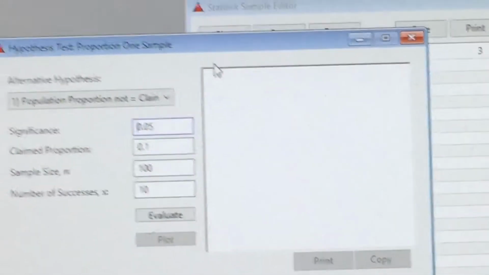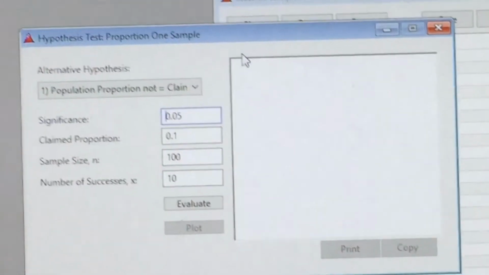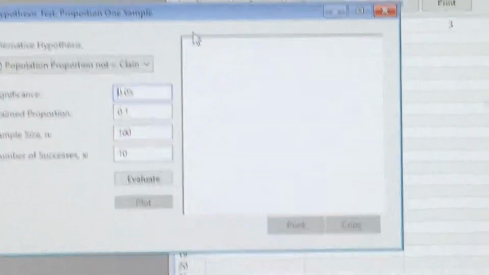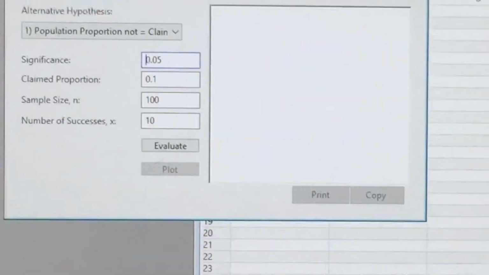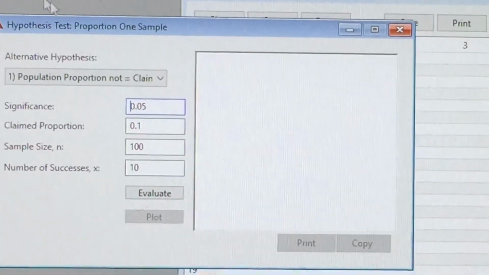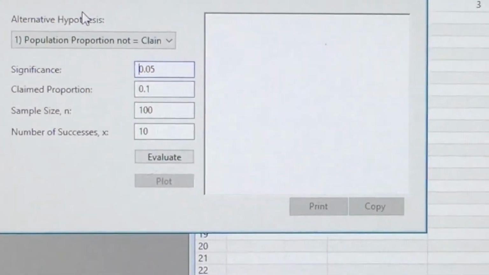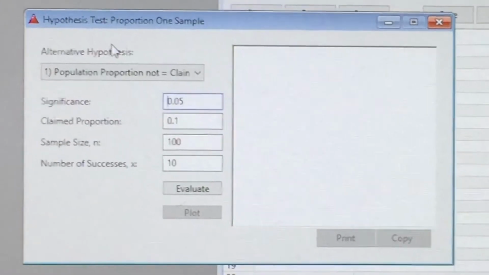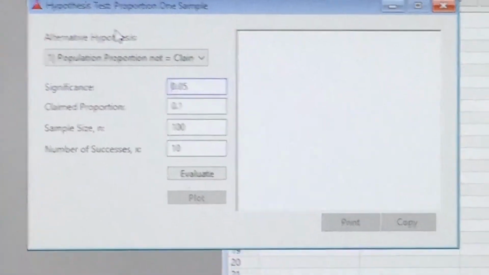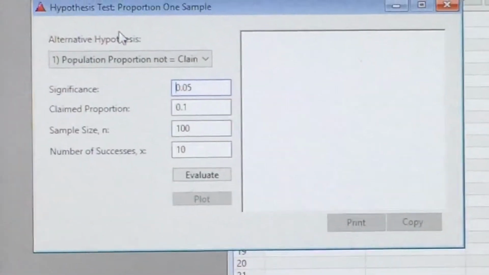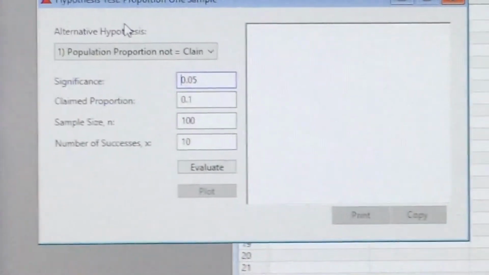And then we're going to enter the information that we need here. Now, for the alternative hypothesis, it's either going to be less than, or not equal to, or greater than. Now, in this case here, you're told that 75% of adults say that it's morally wrong. That's actually going to be the null hypothesis.